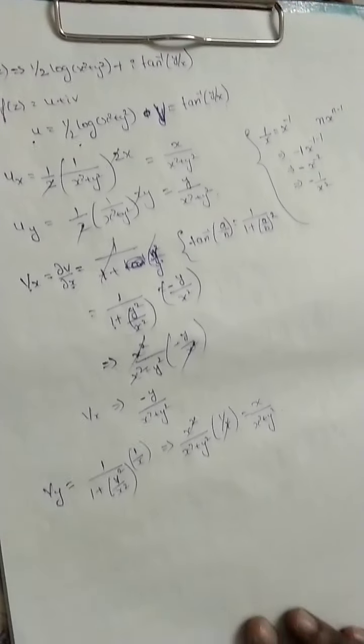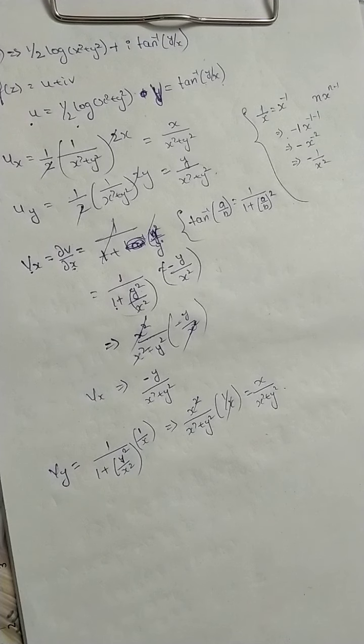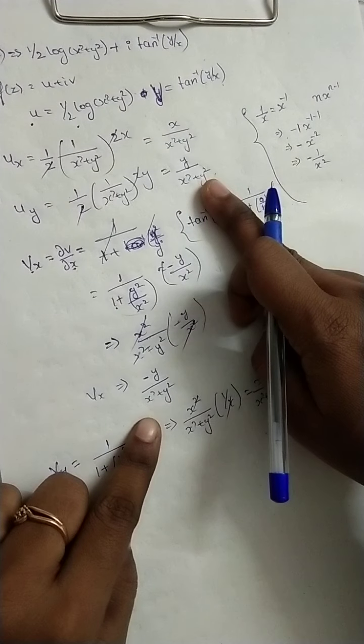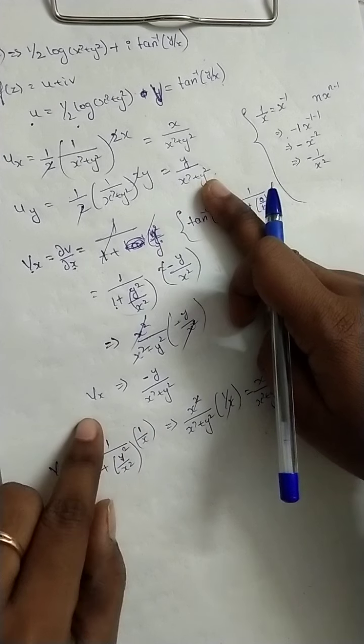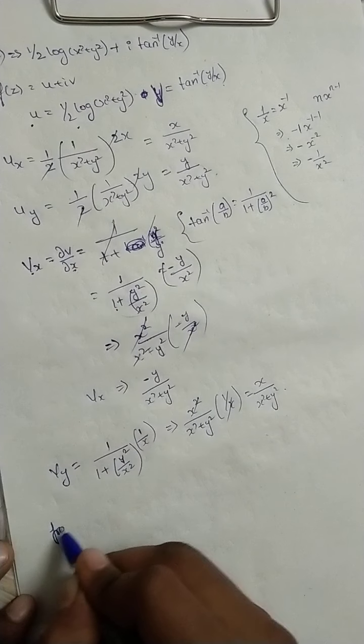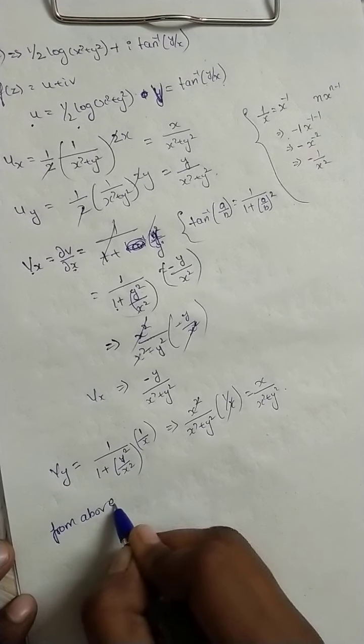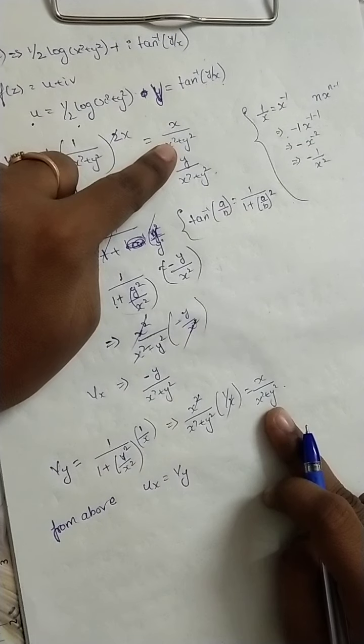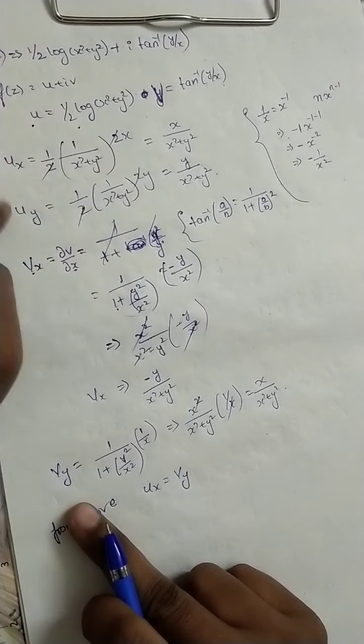Now you have to see this value and this value. From above we can say that ux is equal to vy. So this is our vy, this is our ux.